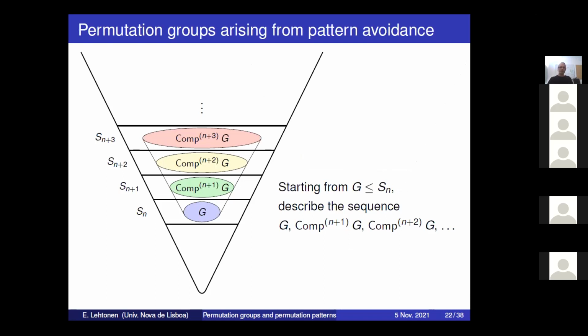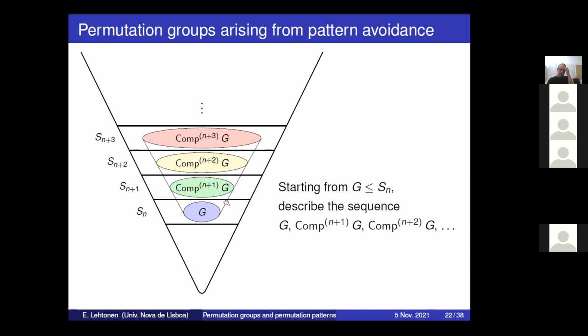So the idea is we could take now, let's go back to our comp and pat operators. We can take an arbitrary group G of rank n, and then we can build up these sets of compatible permutations on every level higher. We know from our result that given any group G, these sets of permutations must be permutation groups on the respective levels.